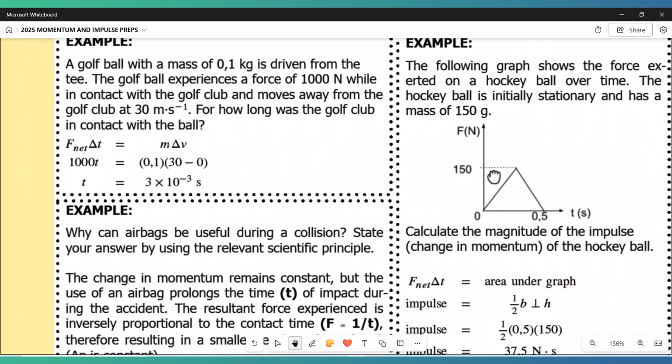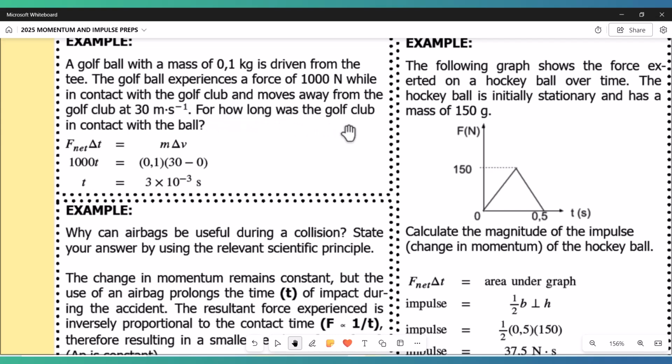I have an example here. A golf ball with a mass of 0.1 kg is driven from the tee. The golf ball experiences a force of 1,000 newtons while in contact with the golf club and moves away from the golf club at 30 meters per second.